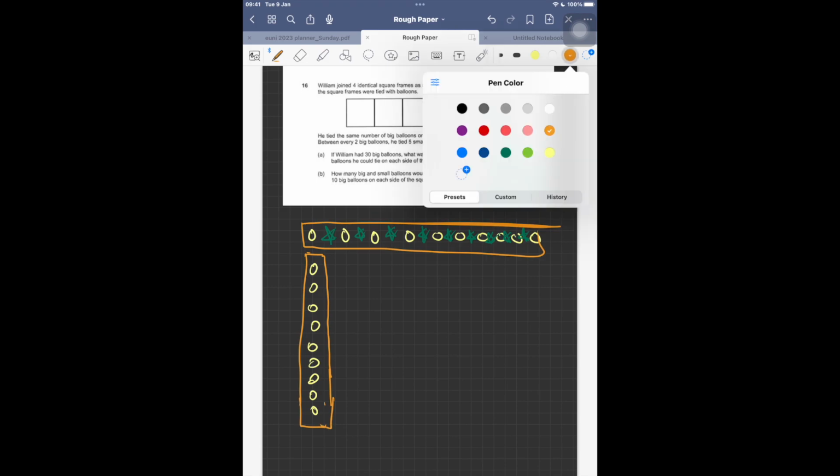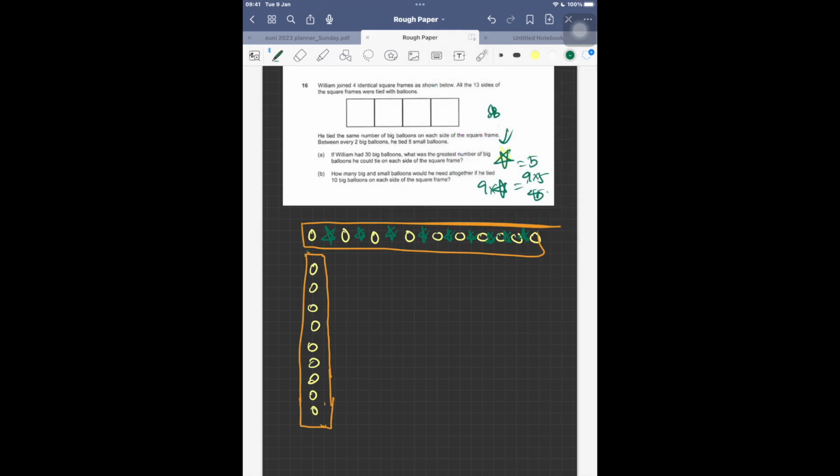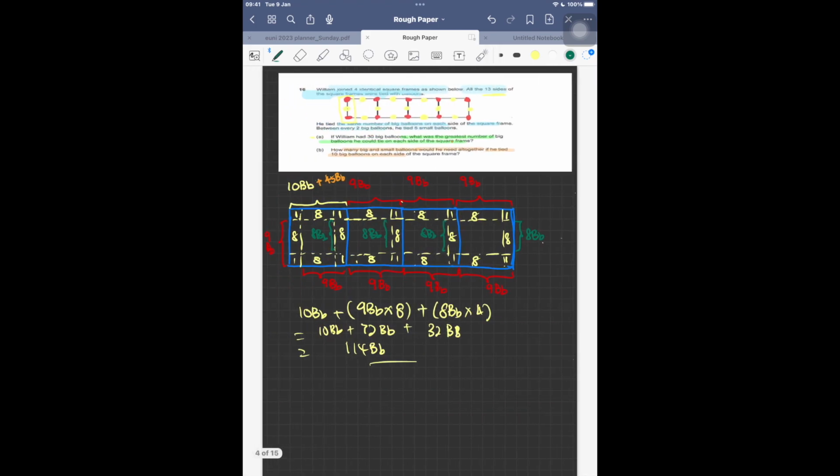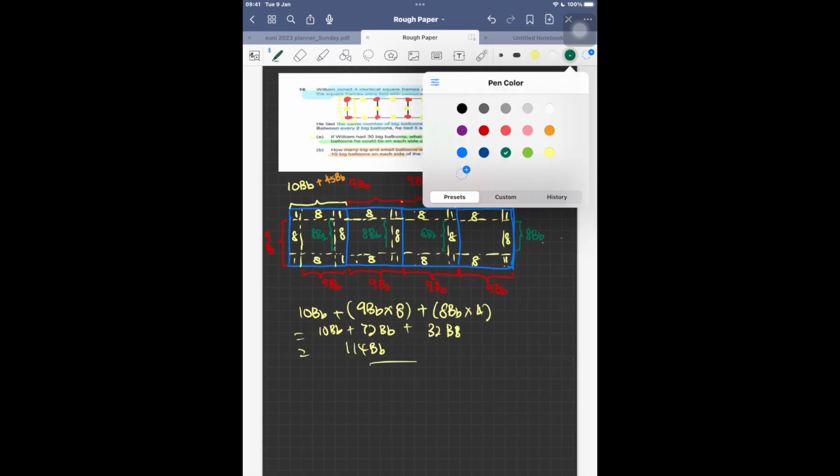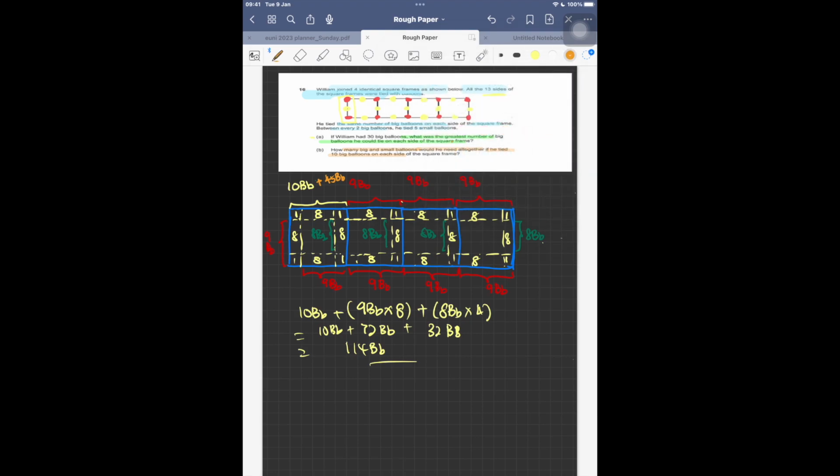So you know that in between 2 big balloons, I have 1 star. That means 5 small balloons. So I have 1, 2, 3, 4, 5, 6, 7, 8, 9. So it's also 9. So over here will be plus 45 small balloons. Am I right?